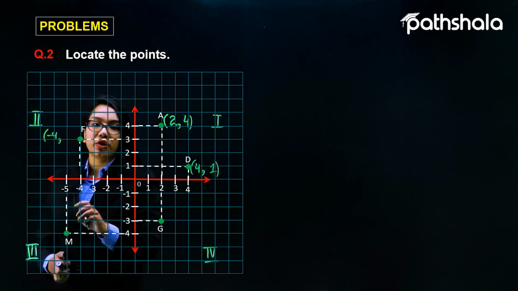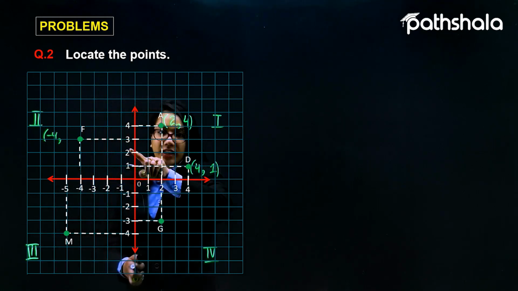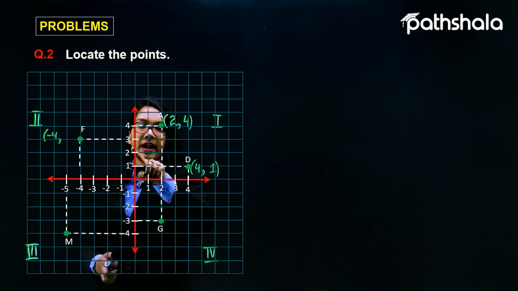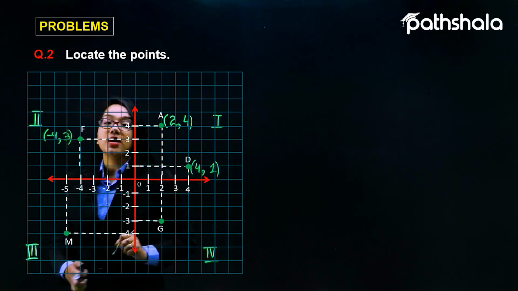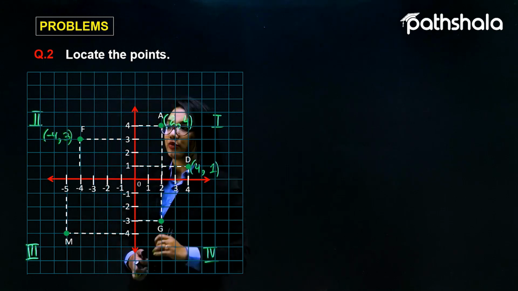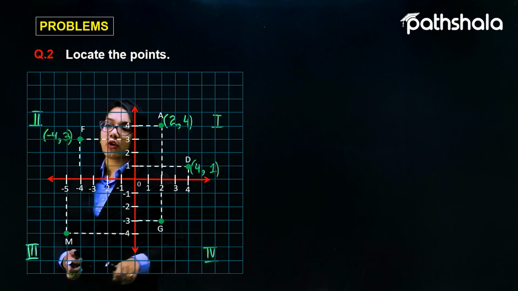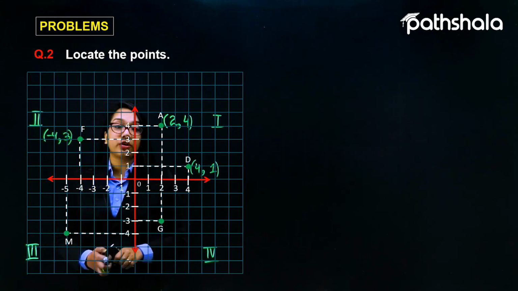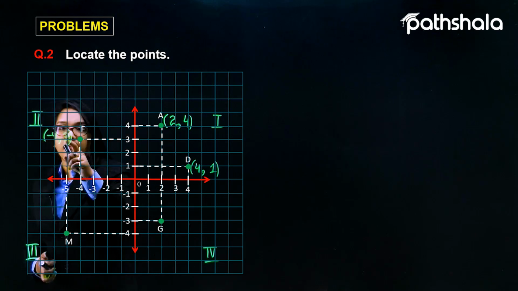Let's talk about its ordinate. F is joining with 3 on the y-axis, so its ordinate is 3. So the coordinates are minus 4, 3: negative, positive. Whenever a point is lying in the second quadrant, the sign convention will be negative, positive.